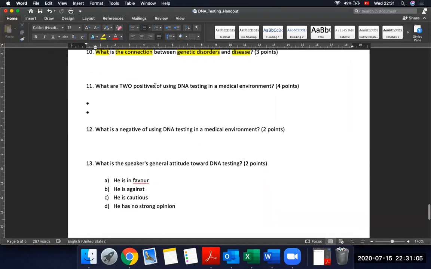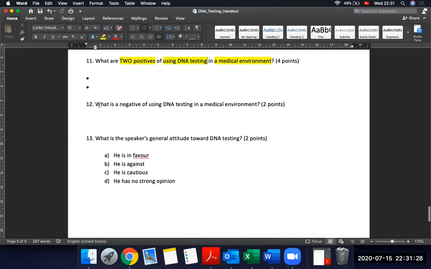11. What are two positives of using DNA testing in a medical environment? We understand that medical DNA testing is used in different areas. One of them is a medical environment, and you are supposed to write two advantages, two positive sides of using DNA testing in a medical environment.